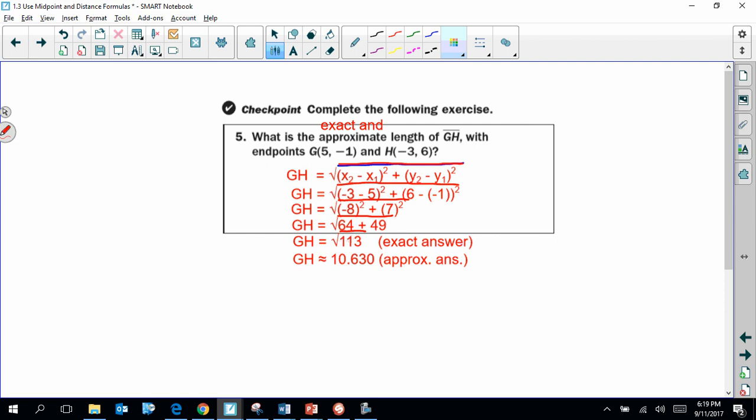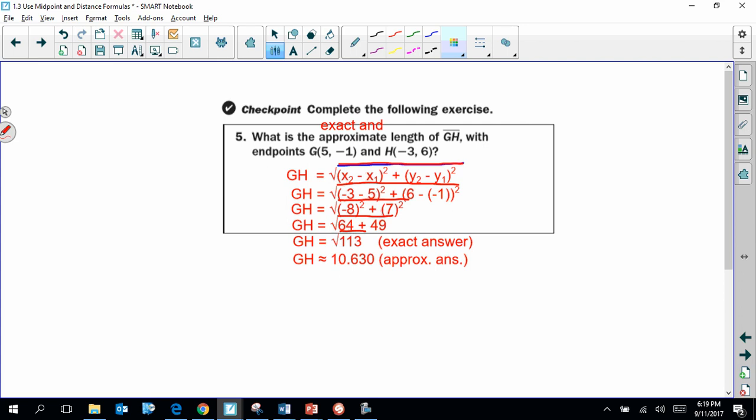As we go through substituting our numbers, x1 and x2, it really doesn't make a difference which one you label them as. For the difference of the x's, you're either going to get a positive 8 or a negative 8. For the difference of the y's, you're either going to get a positive 7 or a negative 7. Just remember, on your calculator, square the negative number by putting it in parentheses. So we get the square root of 64 plus 49.